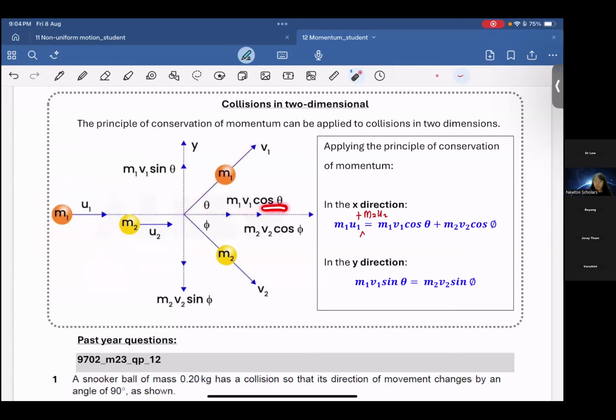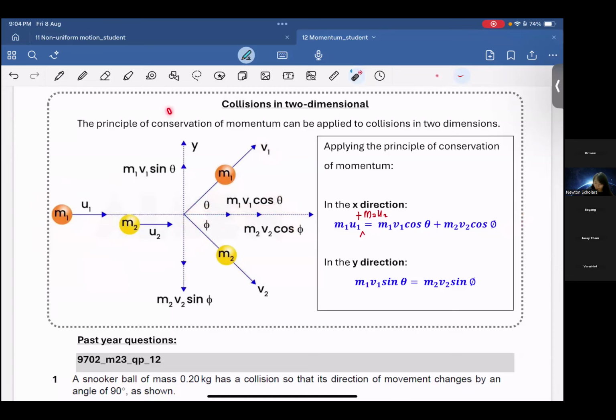We use cos. It's the same thing as when we calculate force. So this is how we find the x-axis.